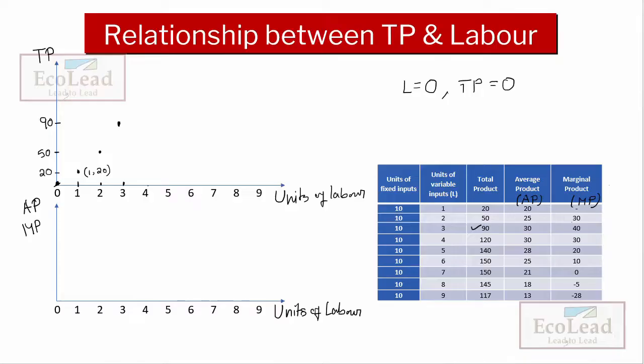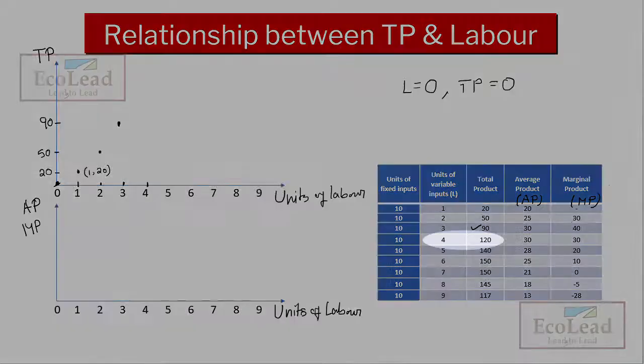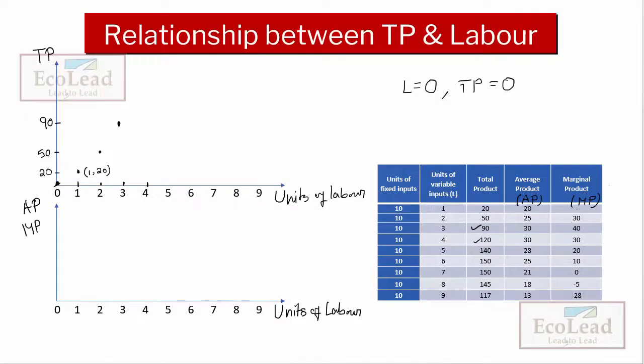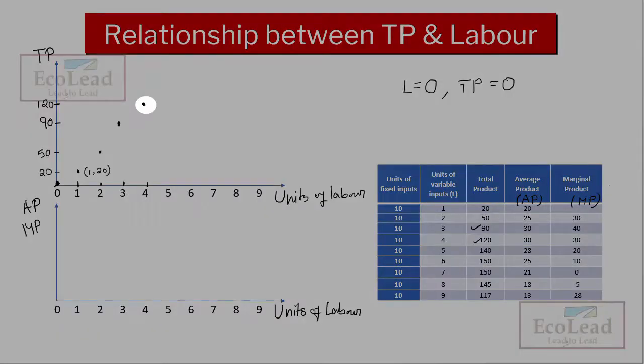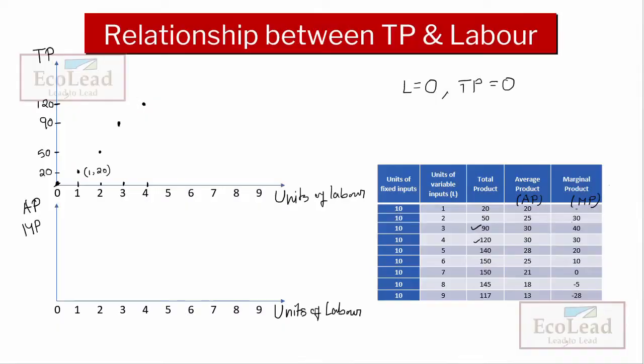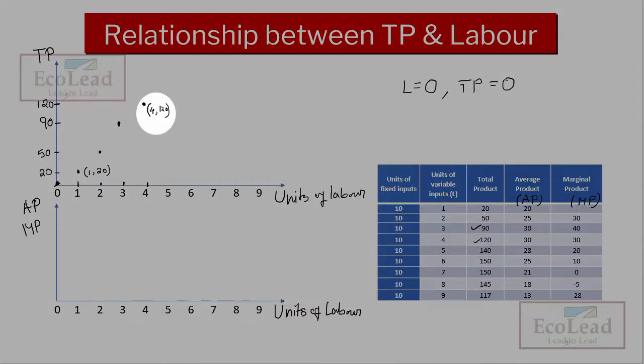Now if we consider 4 units of labor, what will be the amount of output? That is 120. So here we can measure, this is the value 120. So this is the point of coordinate where we have 4 comma 120. This is the coordinate of this point, which is representing that we have engaged 4 units of labor and 120 units of output.